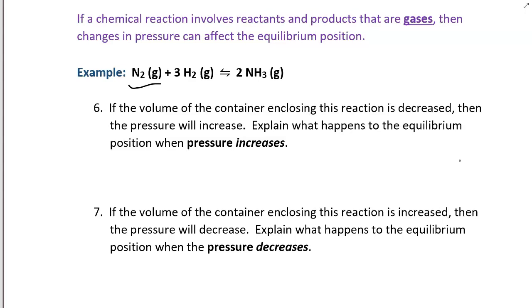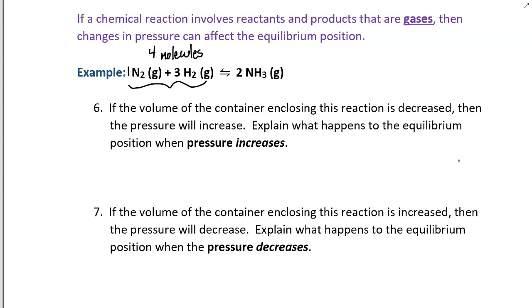On the left side, there is 1 molecule of N2 and 3 molecules of H2. Or alternatively, you can think of this as there's 1 mole of N2 for every 3 moles of H2. Adding these together, there are 4 molecules or 4 moles of the substances on the left side of the equation.